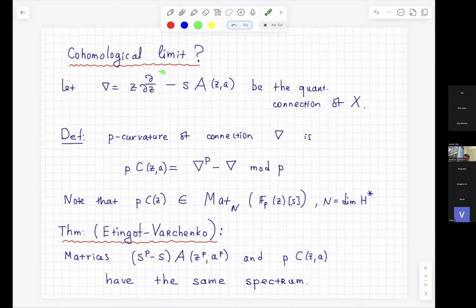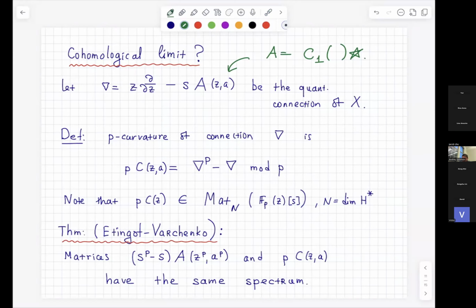So let's say this differential operator is the operator of quantum connection for some Nakajima variety X. And here the operator A is the quantum multiplication by a Chern class of some line bundle, maybe by some class in the second cohomology. And then there is the following result due to Etingof and Varchenko, which describes the spectrum of p-curvature of this connection.